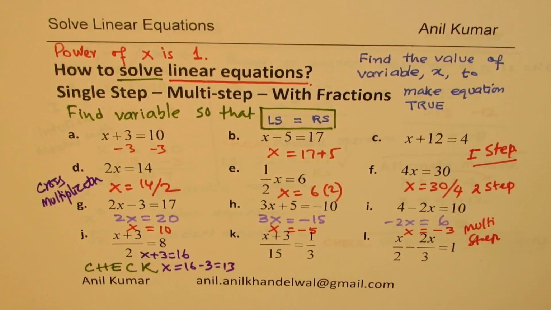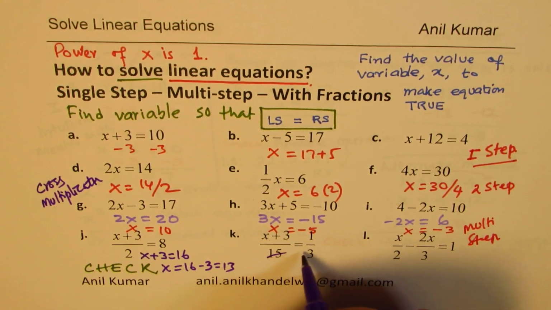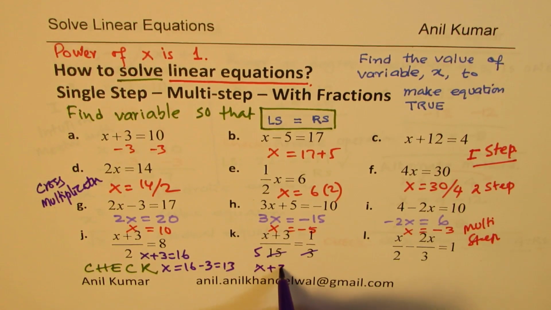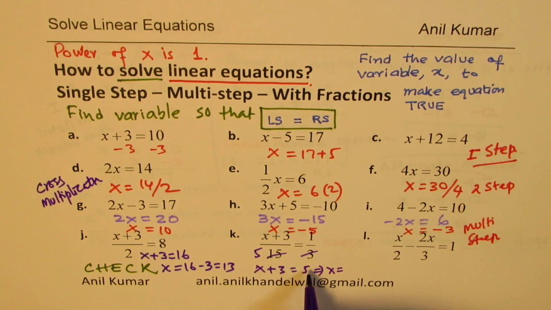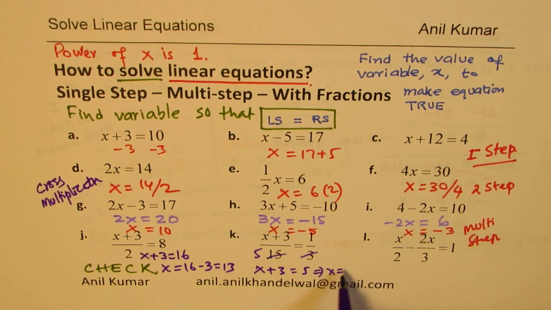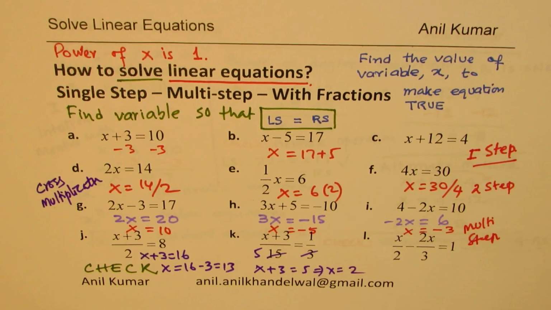Is that clear? Now in this case, you could actually simplify this and then cross multiply. x plus 3 equals 5. That gives you x equals 5 minus 3, right? So basically, x plus 3 and 5 cross multiply, and then we get x equals 5 minus 3, which is 2.